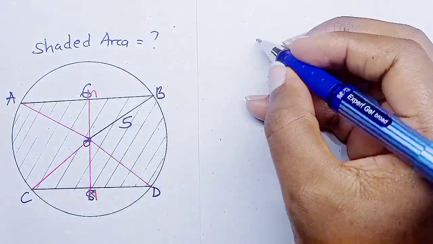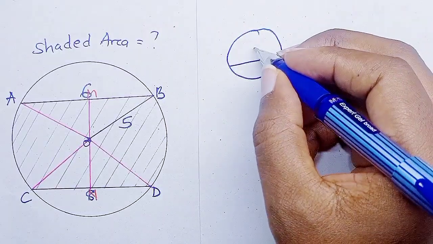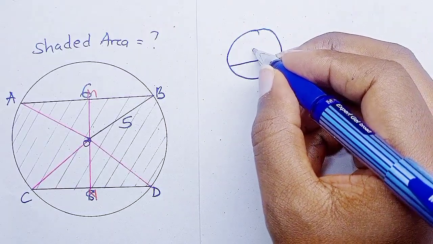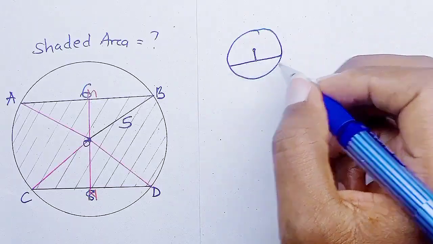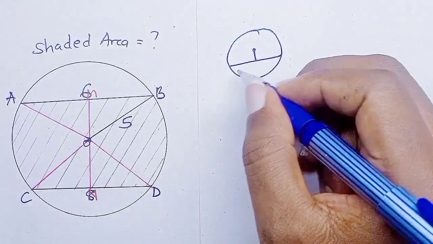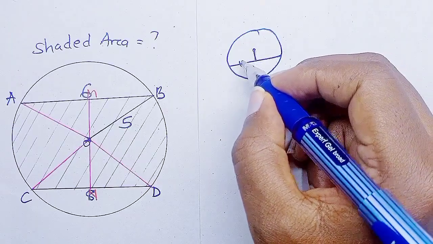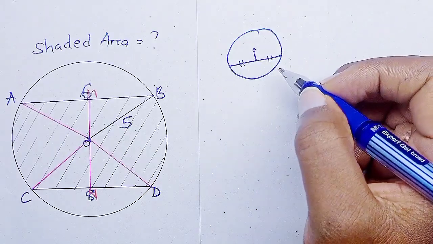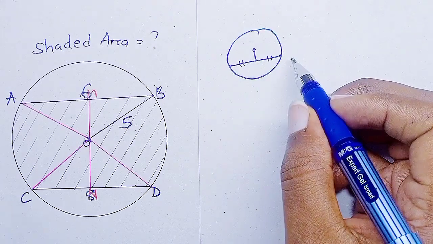Now we know that in any circle, if it has a chord, where this is the center, if we draw a perpendicular line from the center to the chord, then that line divides the chord into two equal parts. So this side is equal to this side.